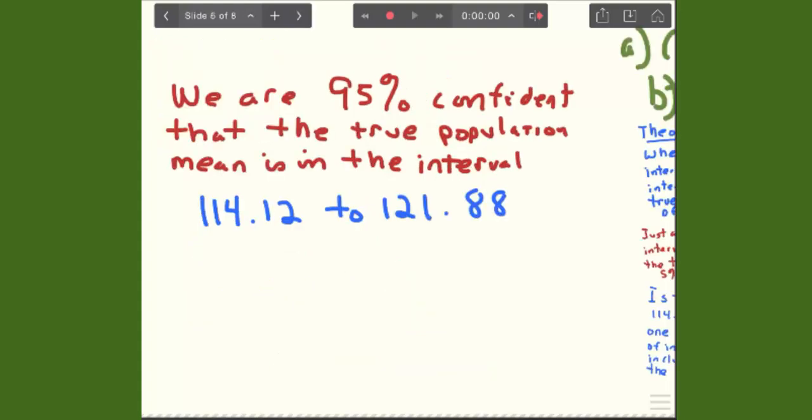So we're 95% confident that the true population mean is in the interval 114.12 to 121.88.